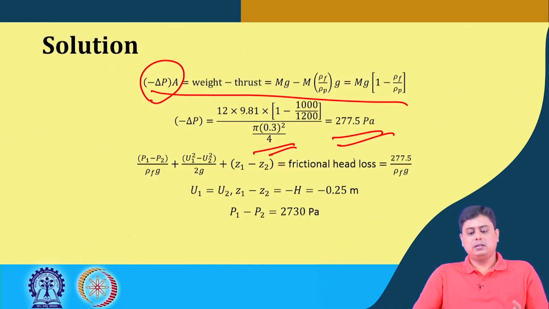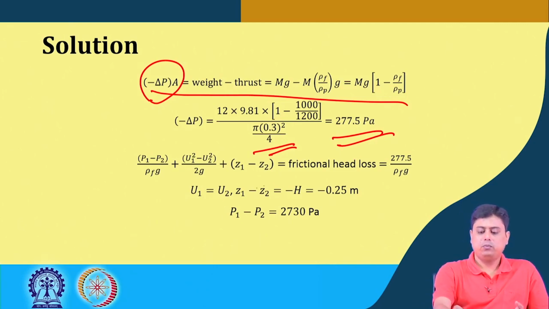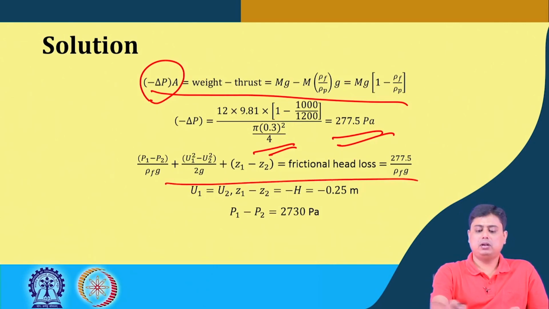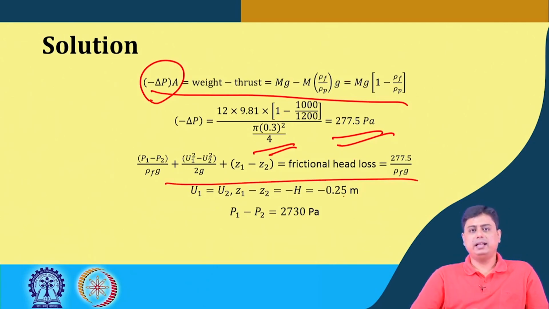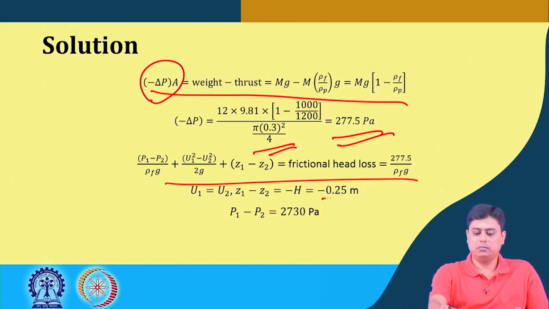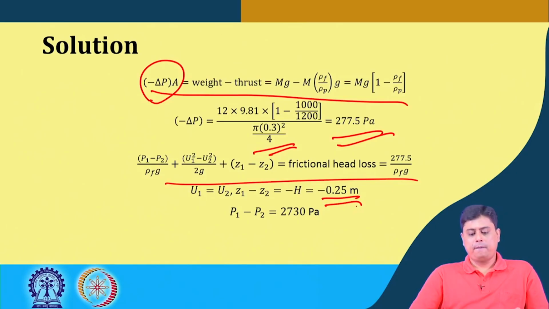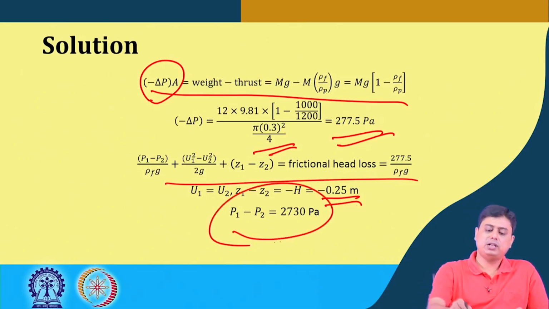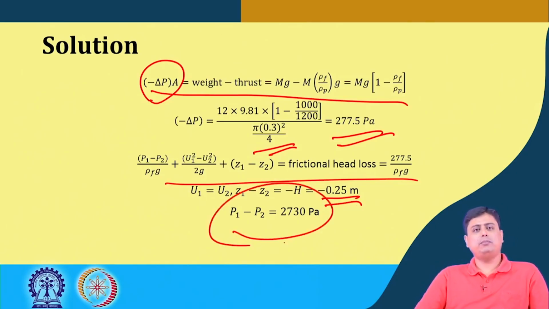So here we can apply a similar methodology, applying mechanical energy balance between point 1 and 2, where u1 equals u2 because the velocities are the same at those 2 points. There is a height difference of this much, and we get the measured del P between point 1 and point 2 as 2730 Pascal.